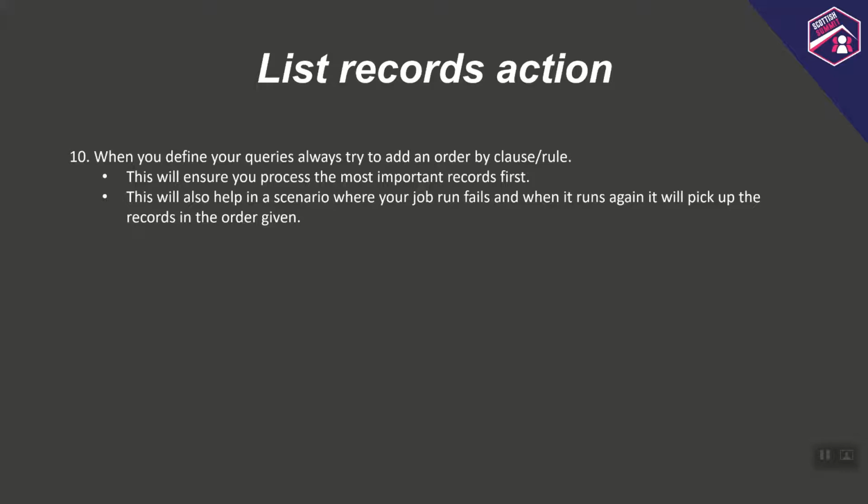In a scenario, let's say, where your job fails and it restarts, it needs to attend to the records that require processing first. So if you define an order by clause, it ensures that we process the records that actually require attention first. Because of that, I always use an order by clause, and I recommend everyone to use that.